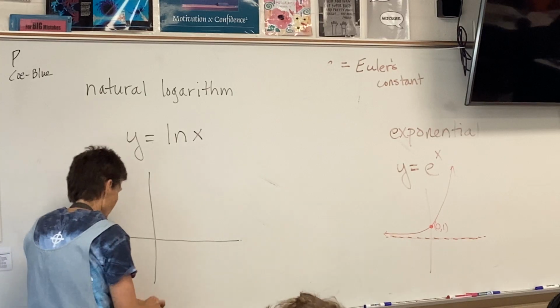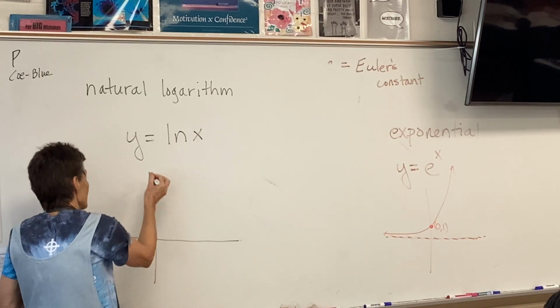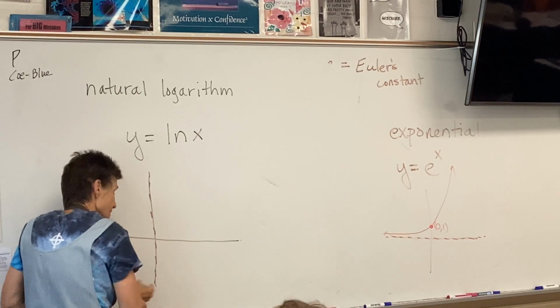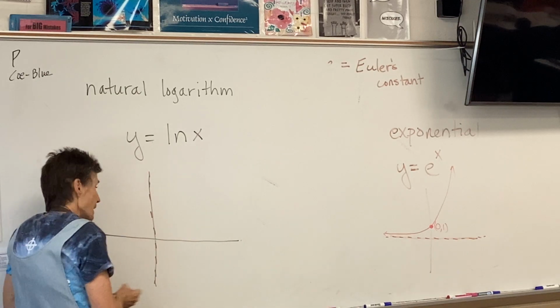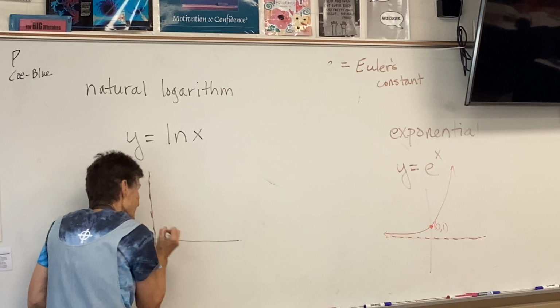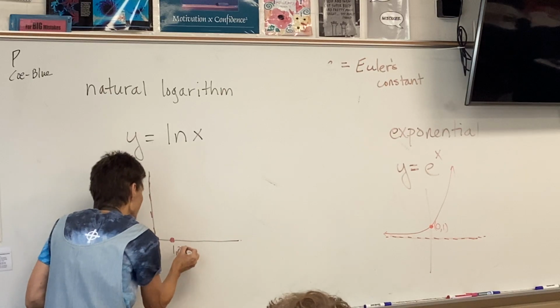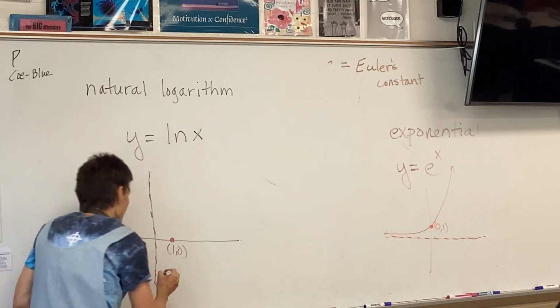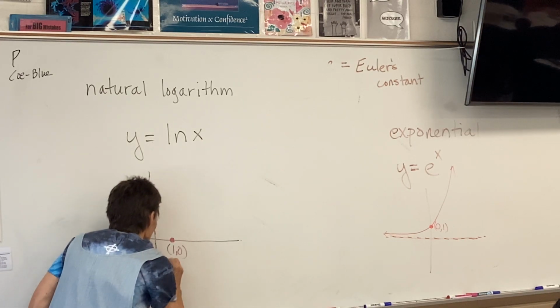What does a picture look like? Well, there's an asymptote this time on the y-axis, and there's a point on the x-axis at 1, 0. And then it comes up.